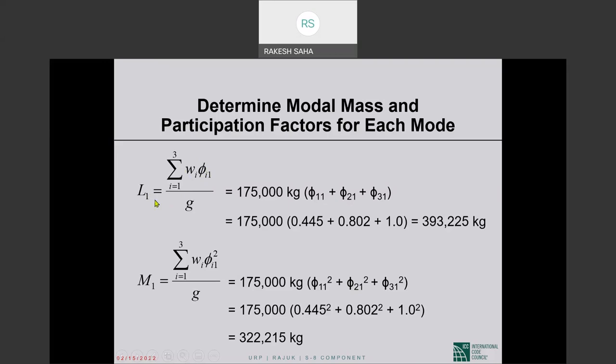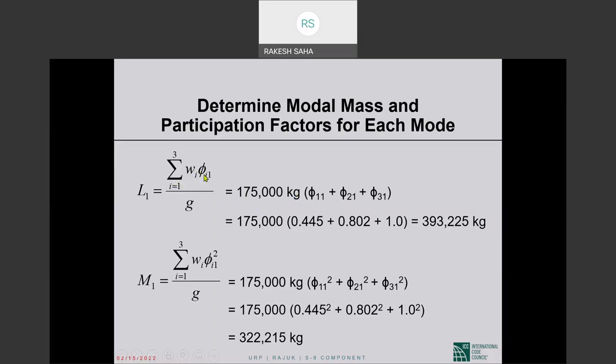The difference between L and M is here. The mode shape ordinate is squared. Okay, so the W sub i in our case is fixed. It's the same at every level, 175,000 kilograms. So we can take it out.